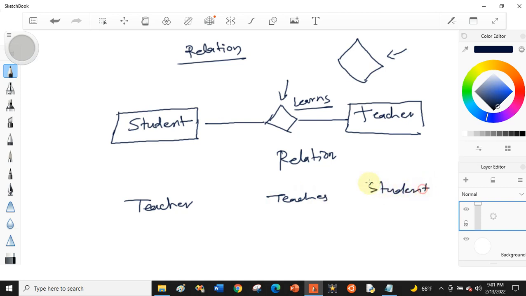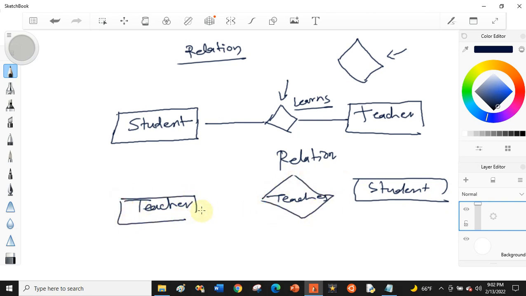So here student is an entity, teaches is the relation, and teacher is the other entity. You don't have to draw an arrow here, you just have to put only an edge, a line between them. It automatically tells you that this is an ER diagram, the simplest form of ER diagram.